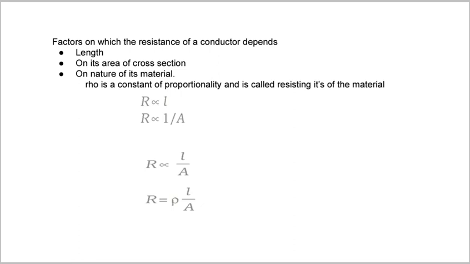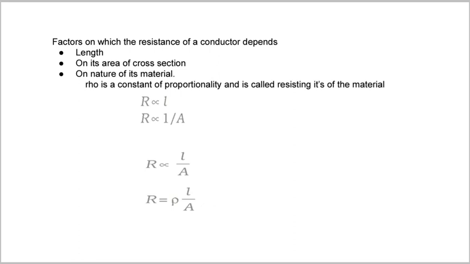Next is, what is resistor, or actually not resistor, but we will be talking about resistance of a wire. What factors does the resistance of a conductor depend upon? First is length of your wire.